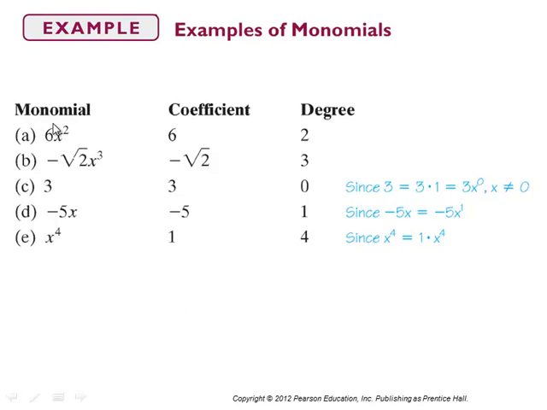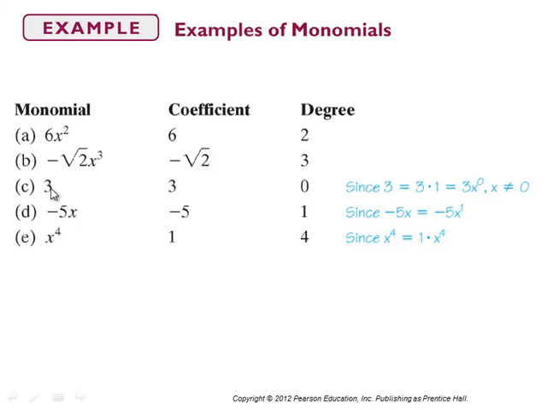So for example, if you have the monomial 6x squared, then 6 is the coefficient, and the power 2 is the degree of the monomial. And negative square root of 2 times x cubed, well, negative square root of 2 is the coefficient, 3 is the degree.